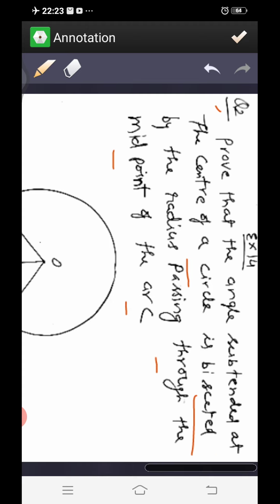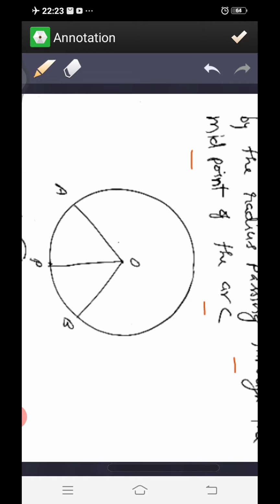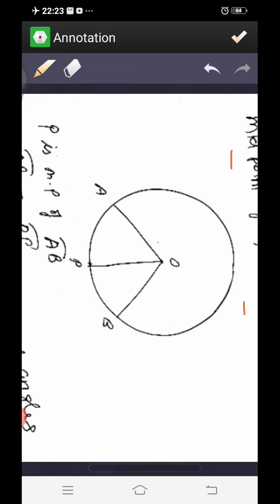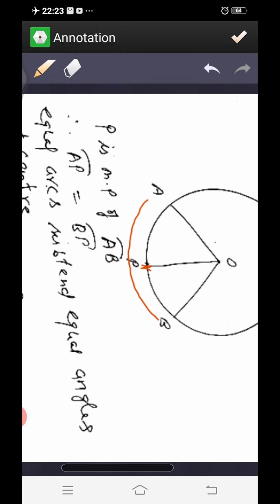Here we are given a complete arc APB, and the midpoint of this arc is taken as P. So P is the midpoint of arc AB. If P is the midpoint of arc AB, then arc AP will be equal to arc BP.